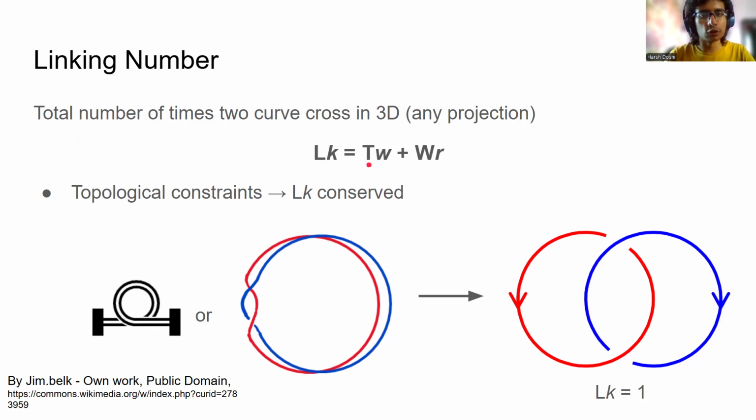So it's a combination of the local twist, which indicates the crossing of the two curves locally, and the writhe, which indicates the crossing of the axis of the two curves. And so the sum gives the linking number, which remains conserved when topological constraints are met. For example, here, there's one twist imposed in these two circular curves, and the linking number is calculated to be 1.